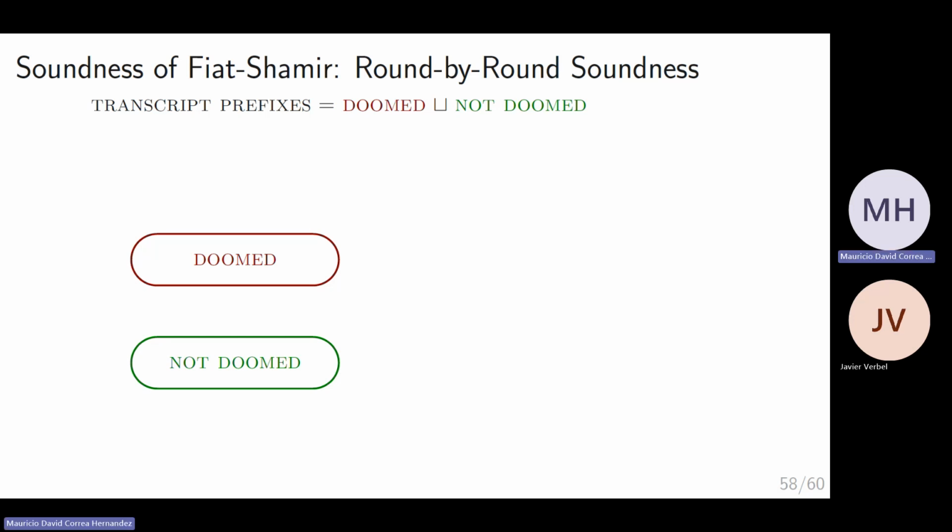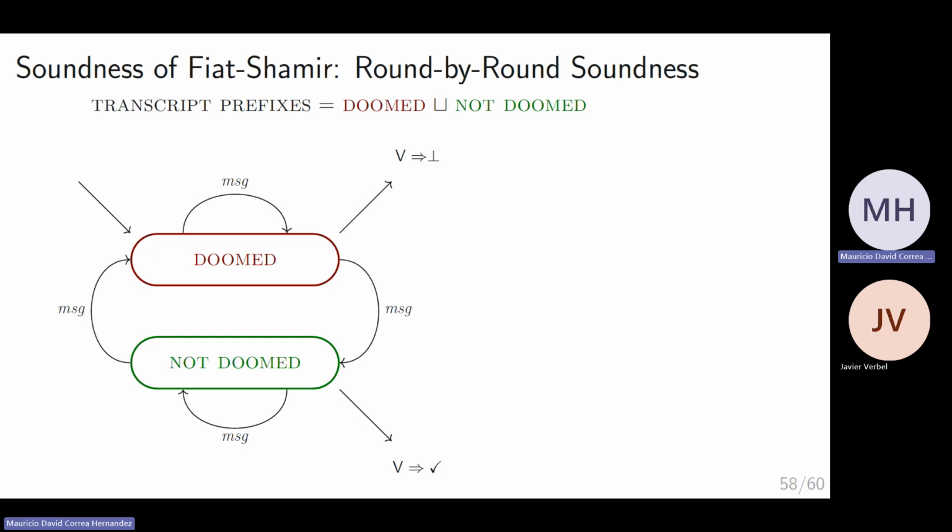And the idea here is that we take the set of all transcript prefixes, and we partition this set into doomed prefixes and not doomed prefixes. And so this induces a finite state diagram, or an automaton, if you will, where in every iteration you consume one message from the transcript and you move around according to one of the arrows.